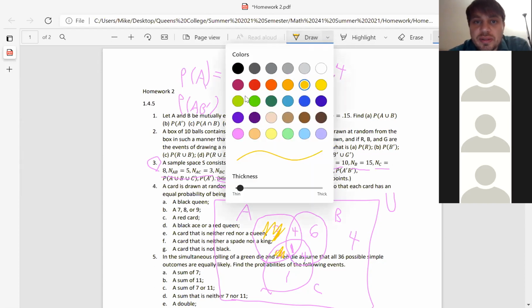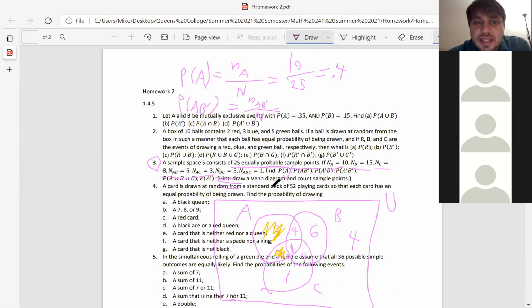There's a total of 5 elements in A and not in B. So there's a total of 5 out of the total 25. So that's 1/5, which is 0.2. Okay, so 0.2 is the probability of the event AB prime.